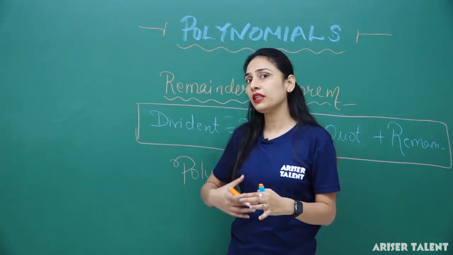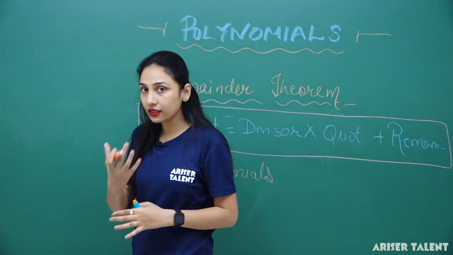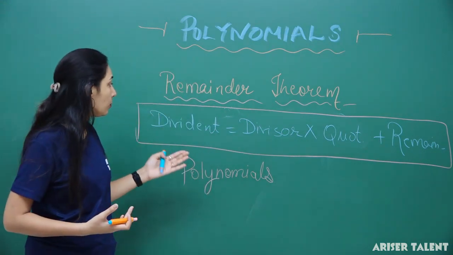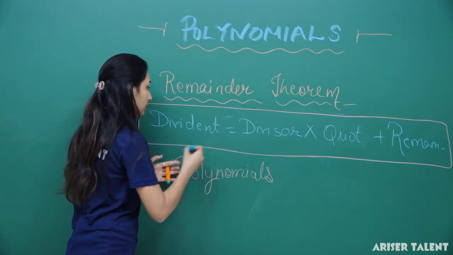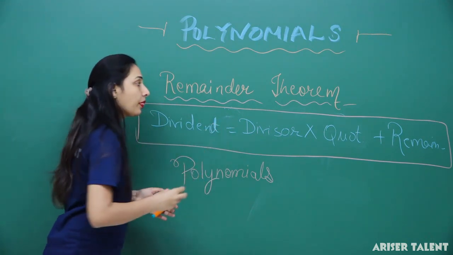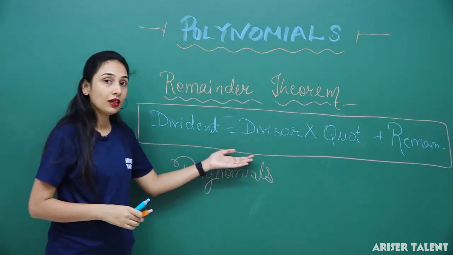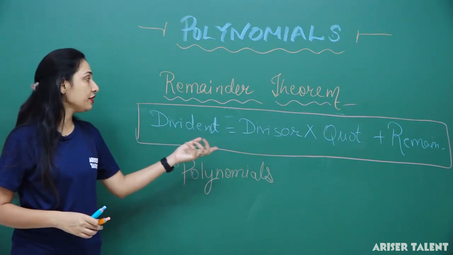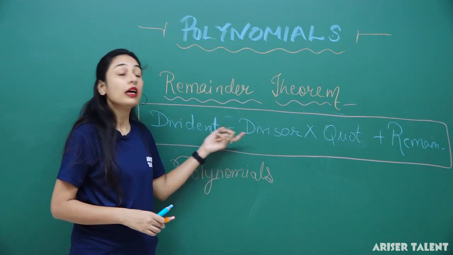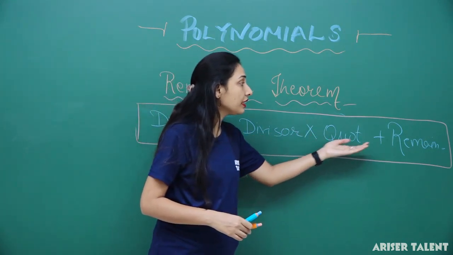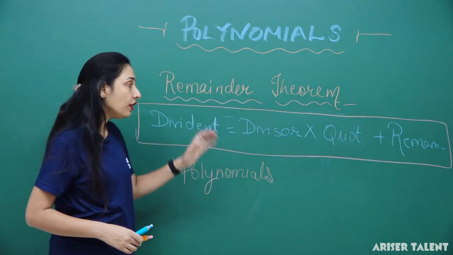Now we'll talk about something else, like degree. What will we denote as dividend? What will we call divisor? What is the relation between the dividend and divisor's degree and the quotient degree and the remainder degree? We'll talk about it.